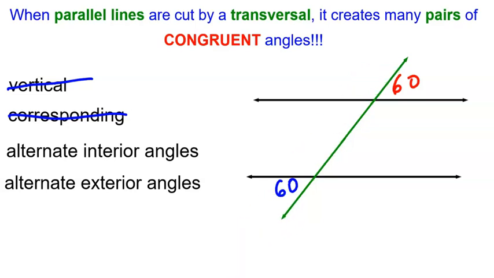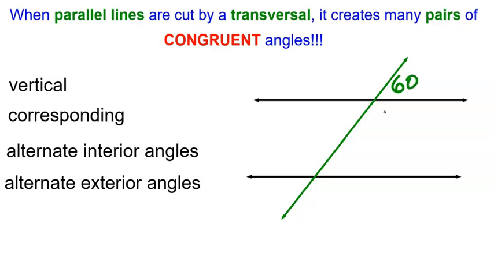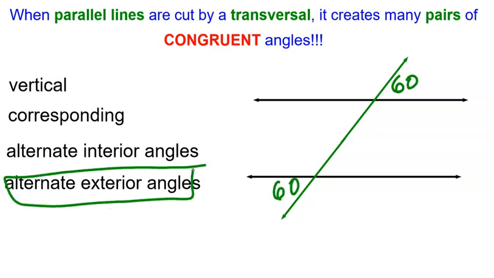So the reason why the original 60 and this new 60 are equal is because they are known as alternate, which means one on the left and one on the right, exterior angles. And exterior angles are located above and below the parallel lines. So if this angle is 60, we know this angle is 60 because they are alternate exterior angles.